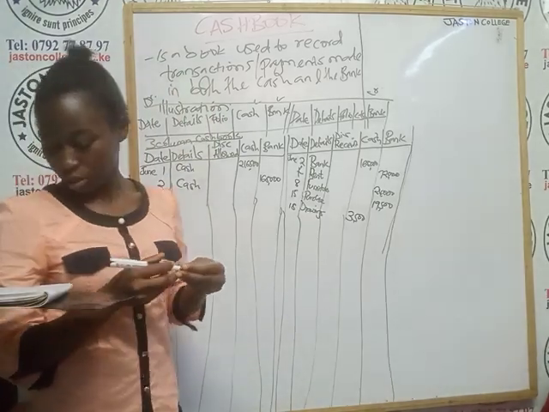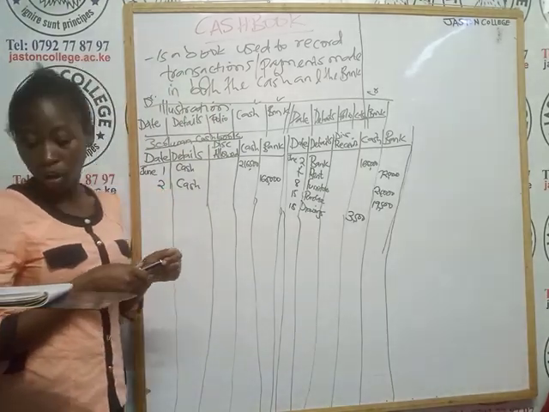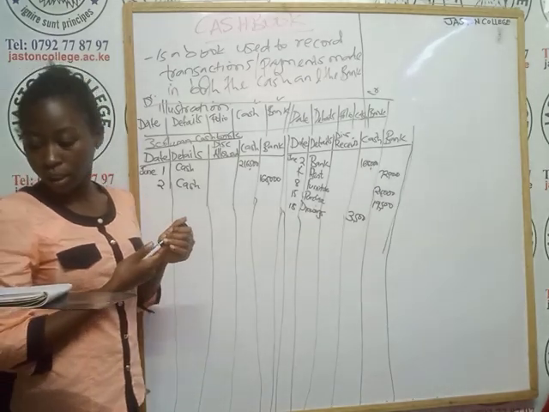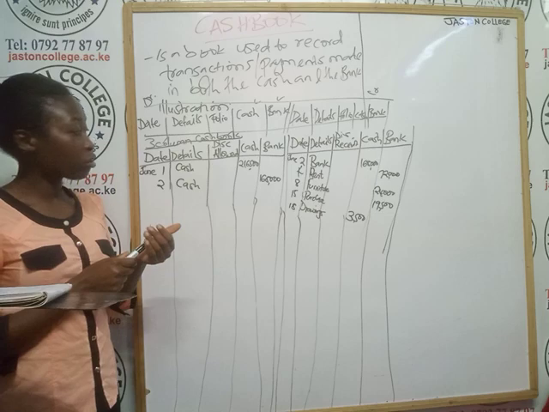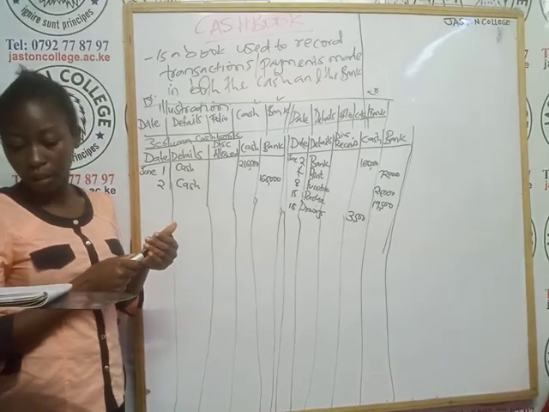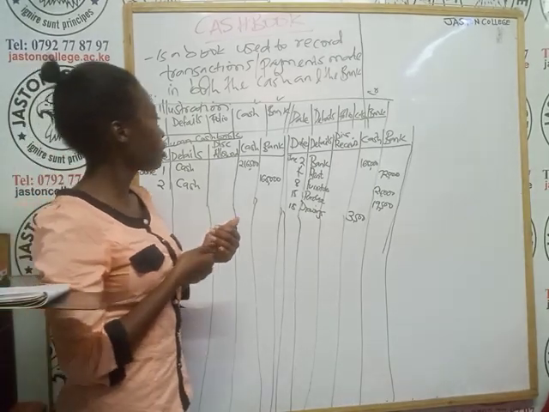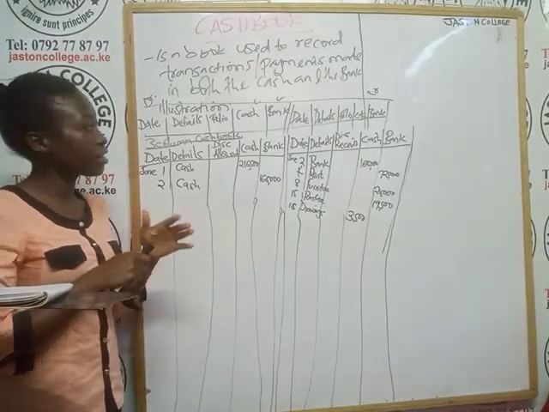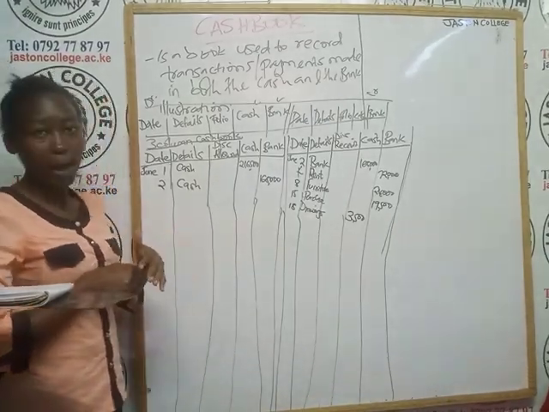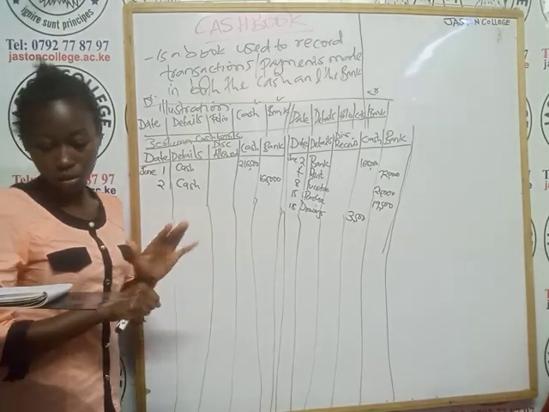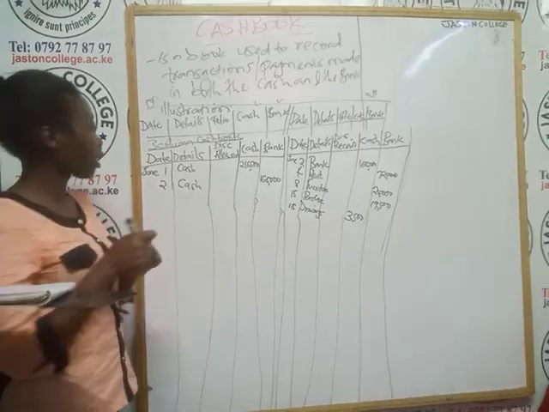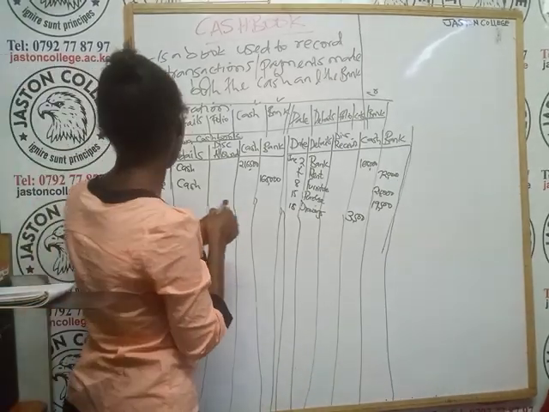Let's continue. On 21st of June, he sold goods for 28,800. So he made sales, and the sales will increase our cash. He made sales for cash, so we will come on our debit side.